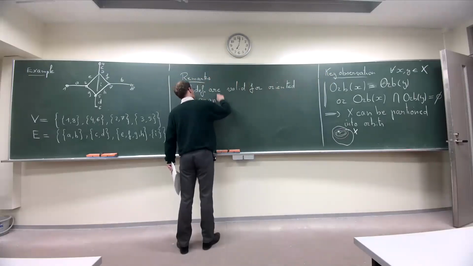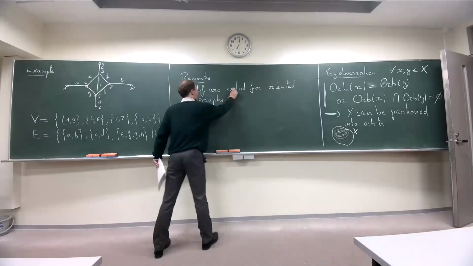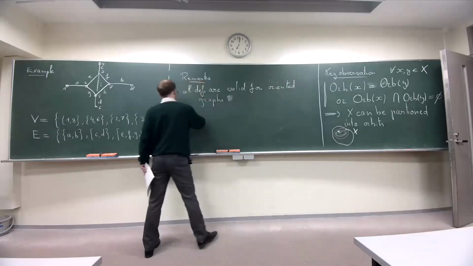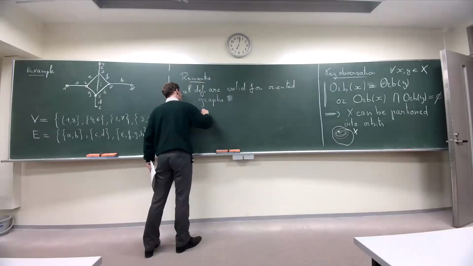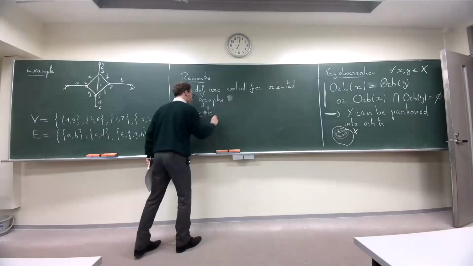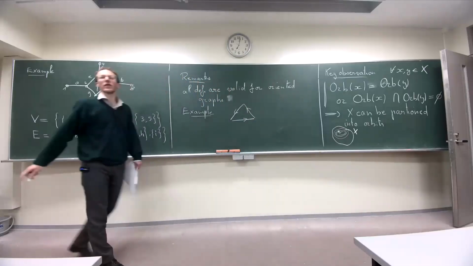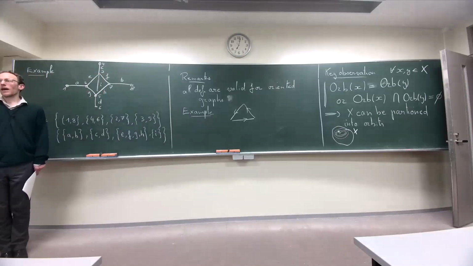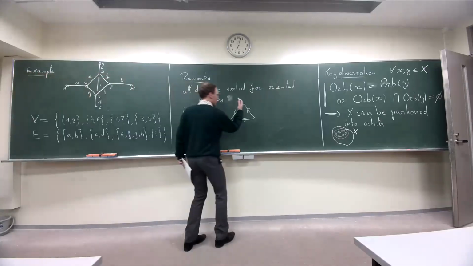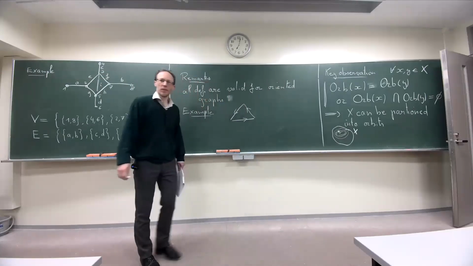However, it's more difficult. Why is it more difficult? Because you have more constraints. Look, I draw the same simple graph like this, but now with orientation. How many symmetries do you have, or how many fewer elements are in the automorphism group? The mirror is no longer a symmetry.